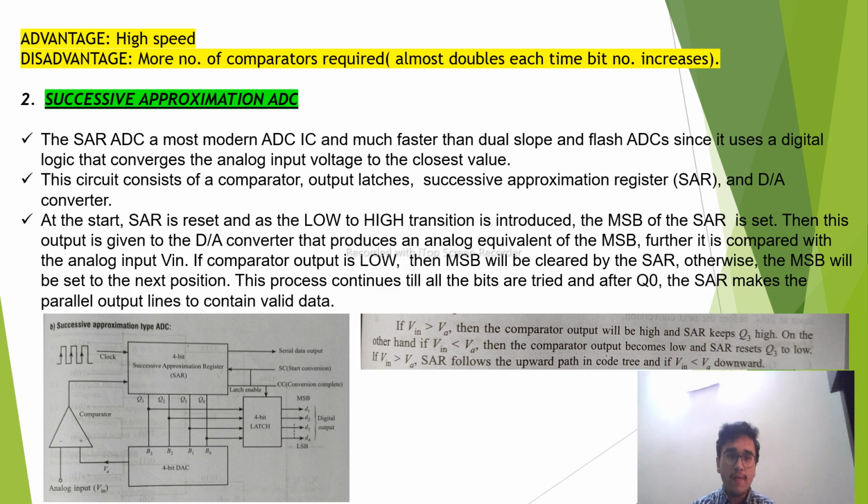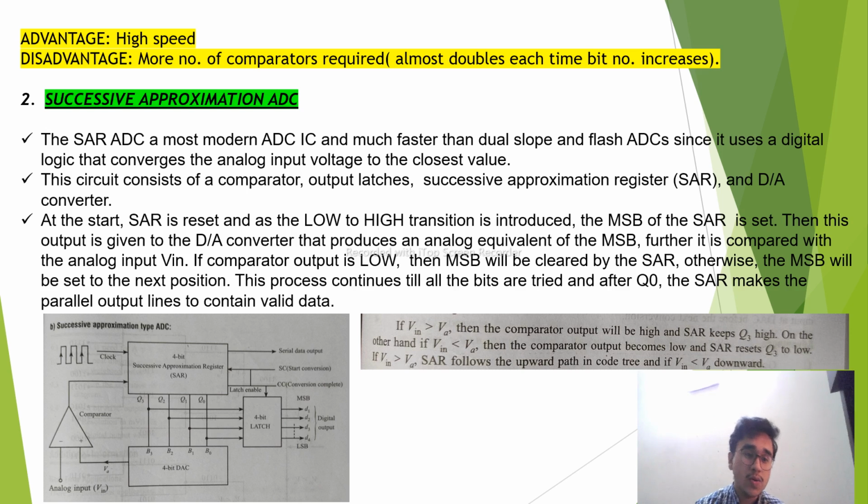While solving this type of converter, we always take the values of B3, B2, B1 and B0 to be 1000. From that we keep on comparing the input voltage to the output voltage of the DAC, right? The input voltage may be anything, let's say 11.5 or 12.5, it can be anything.